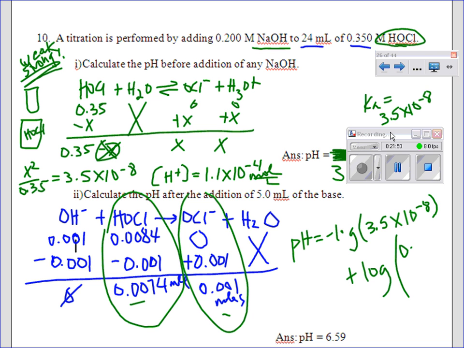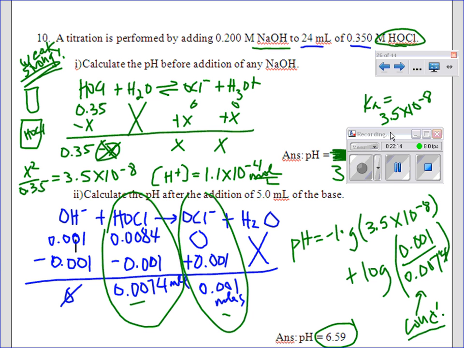The ion, which is 0.001, which is OCl minus, divided by 0.0074. Again, this is supposed to be concentration, but because we would be dividing both those numbers by the exact same volume, it's not required. So the pH you should get is 6.59.